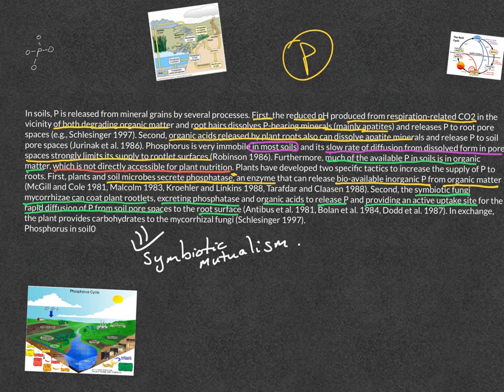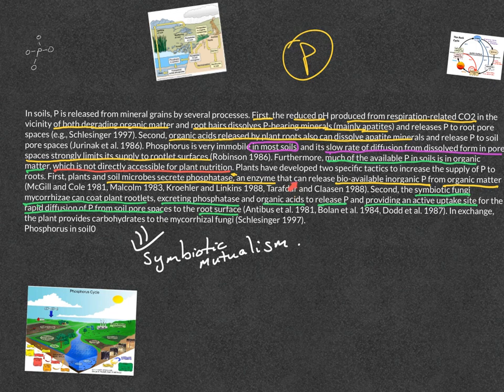The fungus coats it almost like athlete's foot on a person's foot, except the rootlets of the plant are coated by this fungus that then releases this phosphatase that takes that organic material, the dead leaves, the dead bunny, the dead whatever, and releases the phosphate.